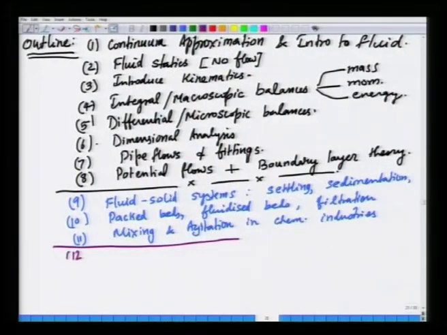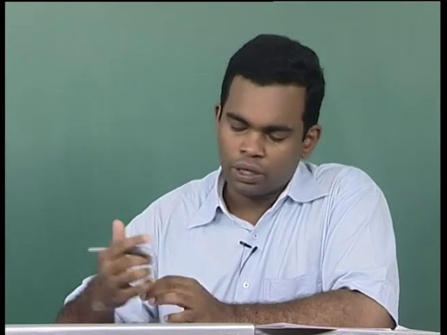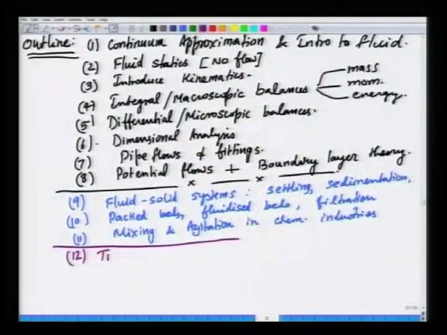we will go to slightly fundamental, but advanced topics which are unique to chemical industries. One is, usually the flows that we encounter in chemical industries are not very simple. For example, the flow will not happen at a very slow pace, it will happen at a very rapid flow rate. In such cases, the flow will become turbulent.